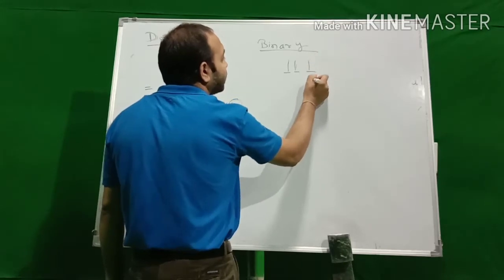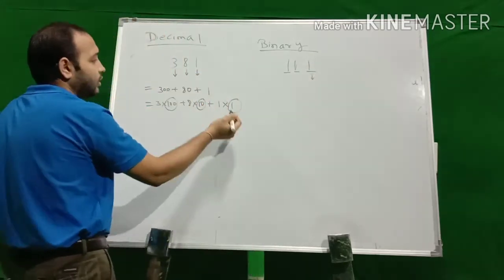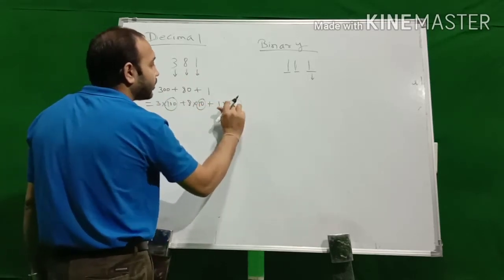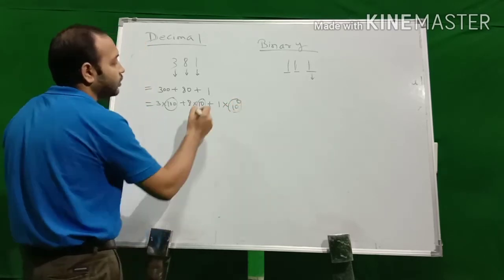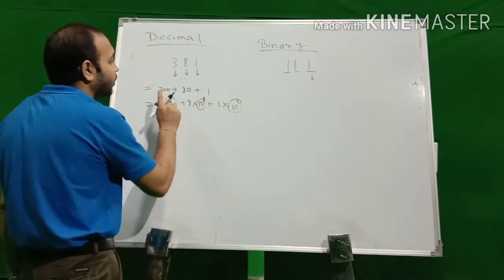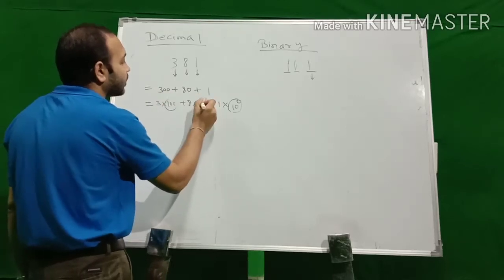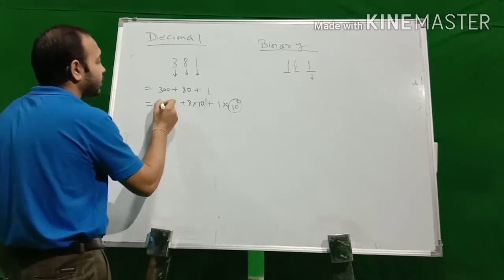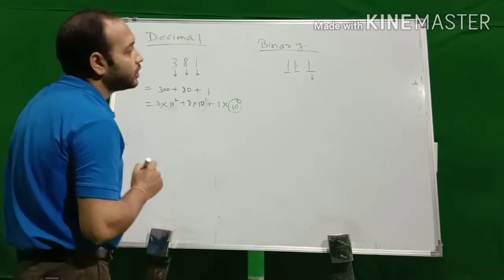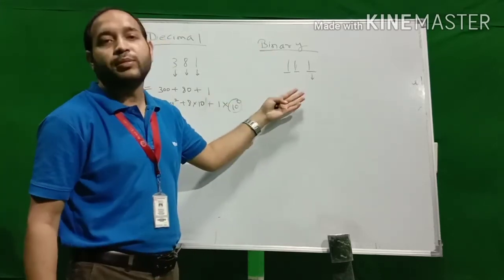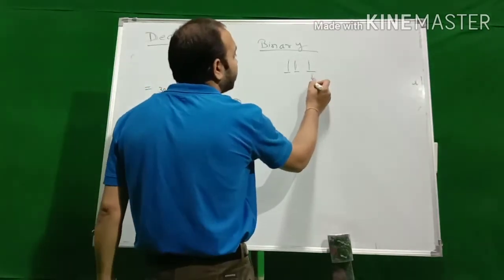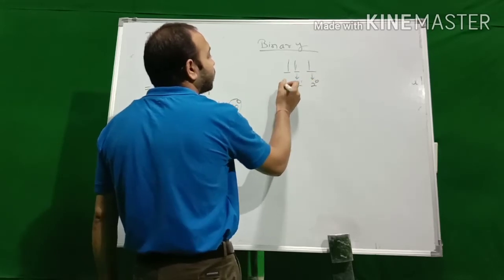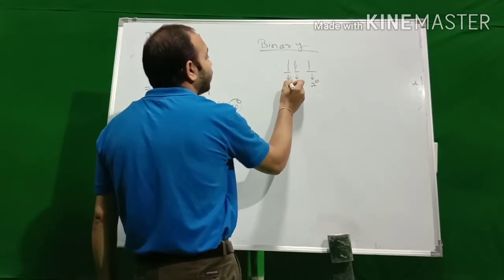The position of this first one is, I can write, 10 to power 0 for decimal, this one 10 to power 1, and this 10 to power 2. Same if we go for the binary number system, the position of the first will be 2 power 0, the position of the second will be 2 power 1, and the position of the third will be 2 power 2.